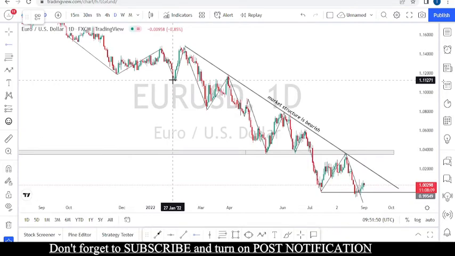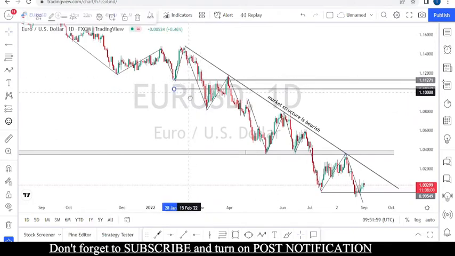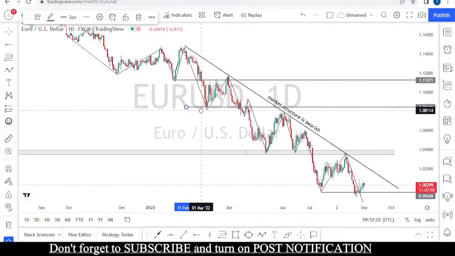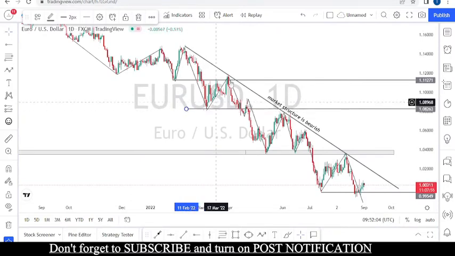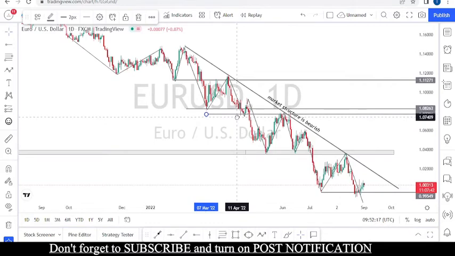Now if you look at all these places that markets came into before creating a new lower low, you can see that after creating the new lower low here, price went back into that previous market structure, just like I showed you while I was doing the drawings. Then what happened? After creating a new lower low here, what did you notice? Did price go back into that market structure? Yes, it did, right?